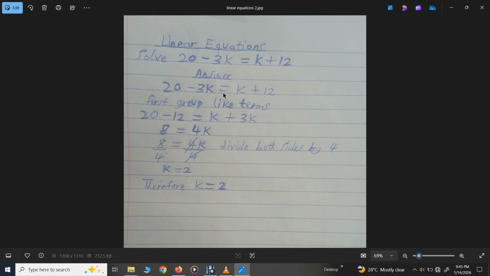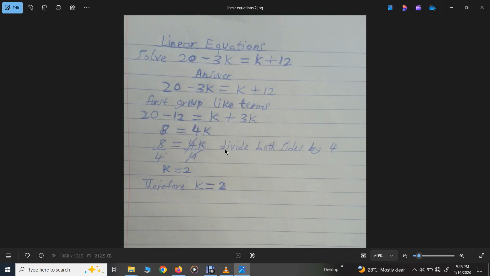Now if 12 crosses the equal sign, it becomes negative 12. So therefore we have 20 minus 12 equal to k plus 3k. Now 20 minus 12 is equal to 8, equal to k plus 3k, which is 4k.